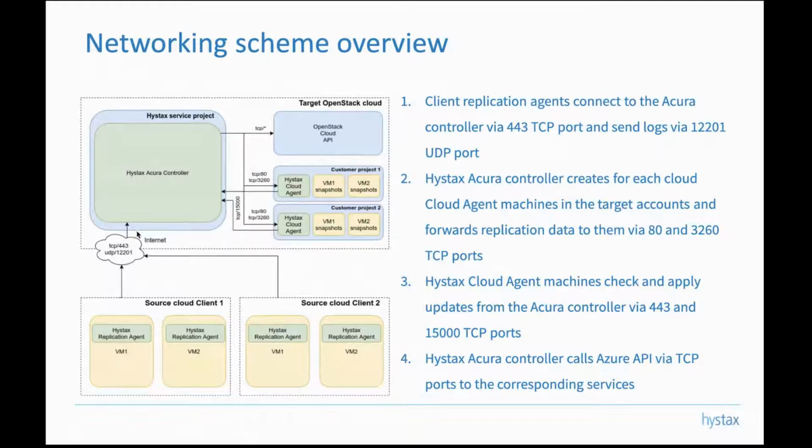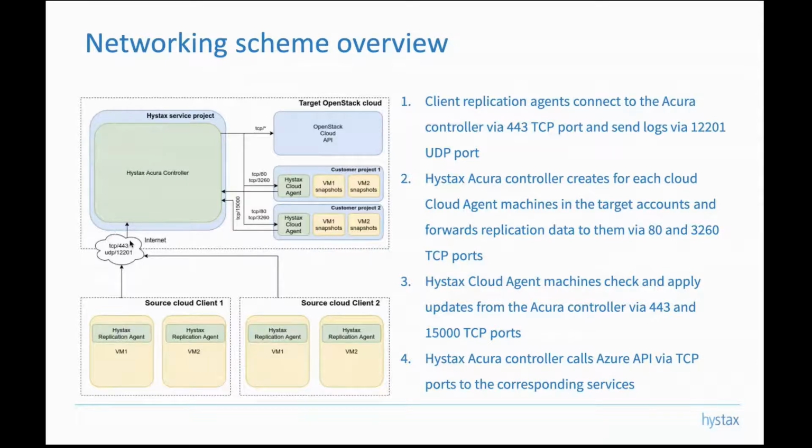The internet itself is not required to get the data from the replication agents. The main point is that replication agents must have access to the Acura controller, either in some isolated network or via some public network. They must have access via port 443 to send replicated data to the controller itself.